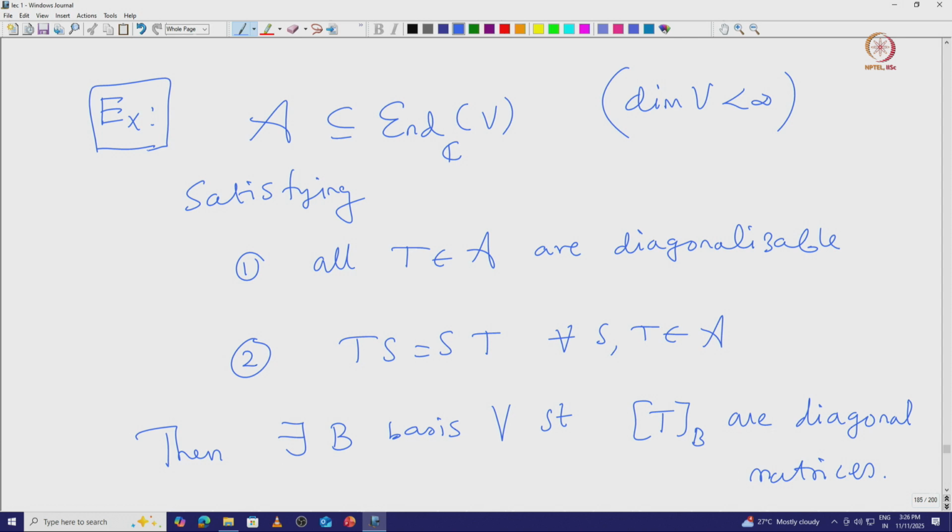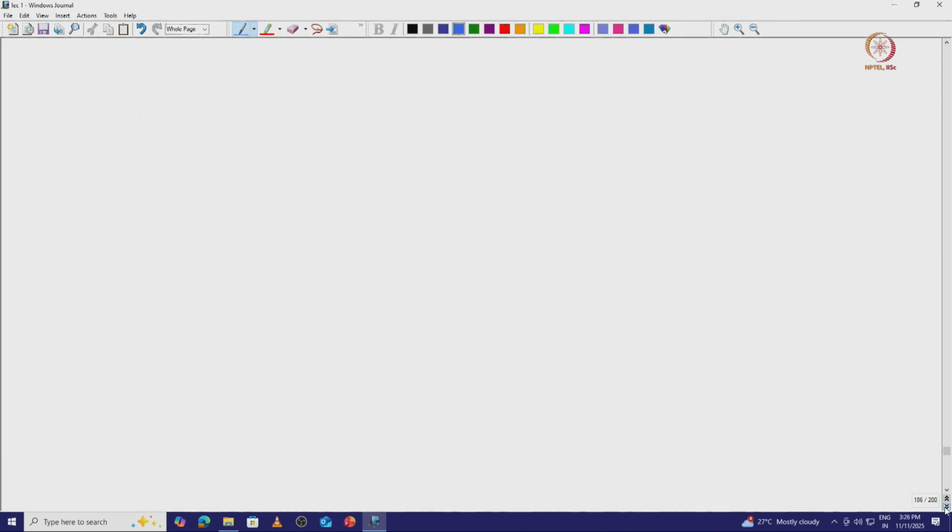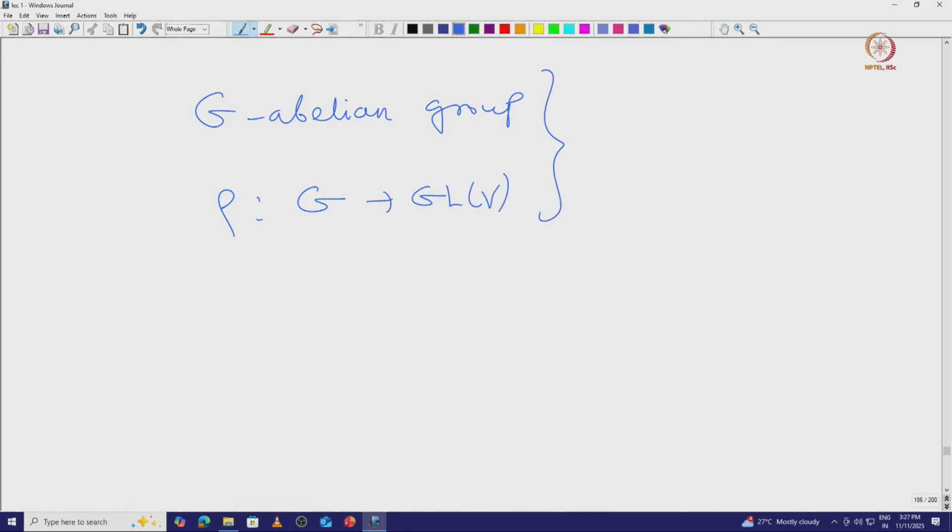So, from this exercise one can immediately conclude that if G is an abelian group and rho is a representation of G, then there exists a basis B of capital V such that all the elements rho(g) with respect to B are all diagonal.